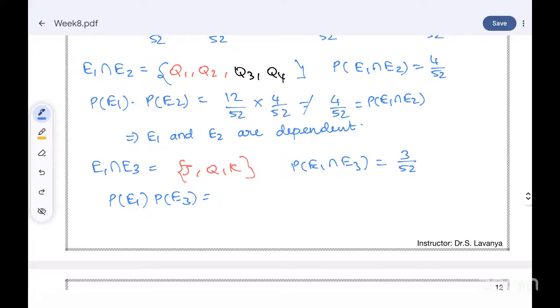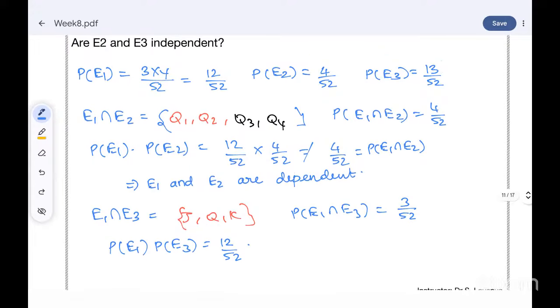P of E1 is 12 by 52. P of E3 is 13 by 52. Is it the same as 3 by 52? Yes. So this is P of E1 intersection E3. So this implies E1 and E3 are independent.